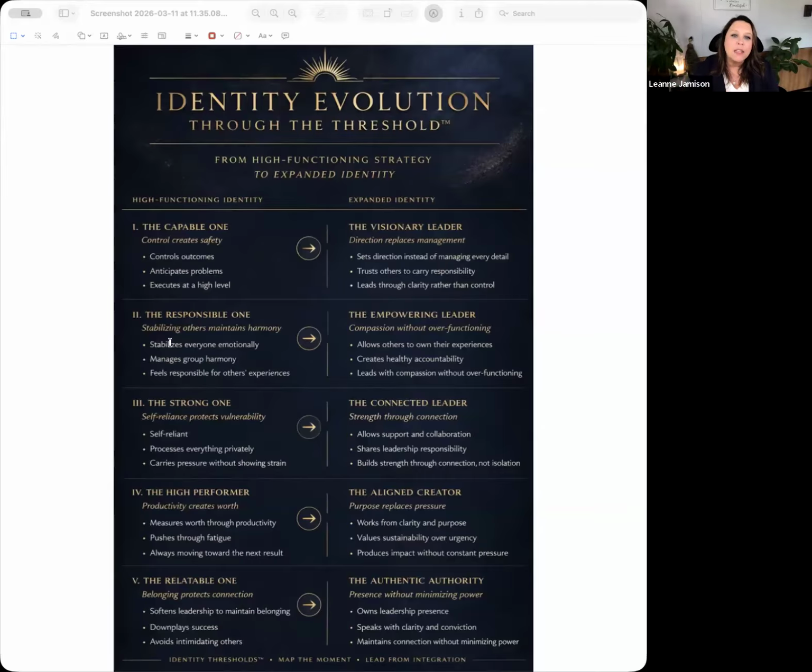There's a particular quality that work produced from urgency doesn't have. It's a quality that only comes when the work is an expression of who she is rather than a defense against who she's afraid she might be without. So, when we're shifting into the aligned creator, she actually doesn't produce less. She produces differently.